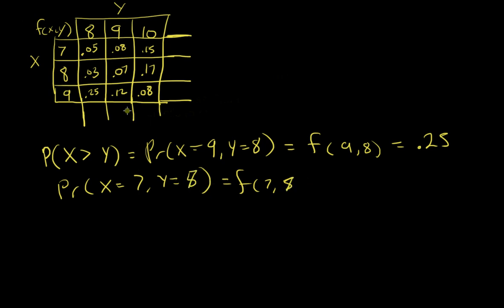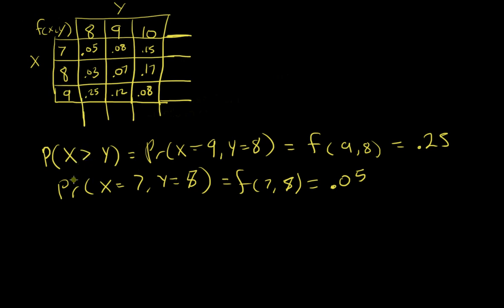Right? If it was 5, it would just be 0, because everywhere that's not on this table is 0, right? So 7 and 8, where x is 7 and y is 8, that's 0.05. All right, so that's calculating probabilities with a discrete probability distribution function involving both x and y.